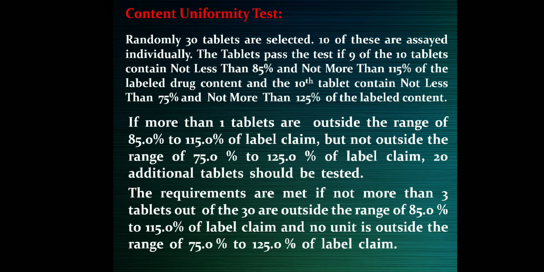The requirements are met and the test is passed if not more than 3 tablets out of the total 30 tablets are outside the range of 85 to 115% of label claim, and no unit is outside the range of 75 to 125% of the label claim. So this test is also very important.